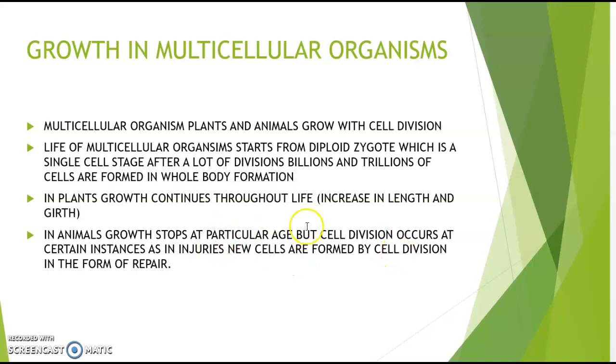In that case, new cells are formed by cell division in the form of repair. Again I am repeating, multicellular organisms grow by mitotic cell division, whether plant or animal. In plants, continuous division is there, but in animals continuous division is not there, which is known as contact inhibition. But in animals, cell division occurs during injuries, for repairs only.